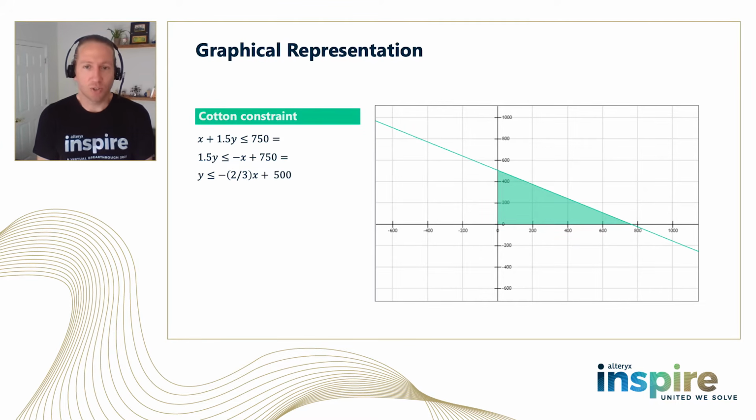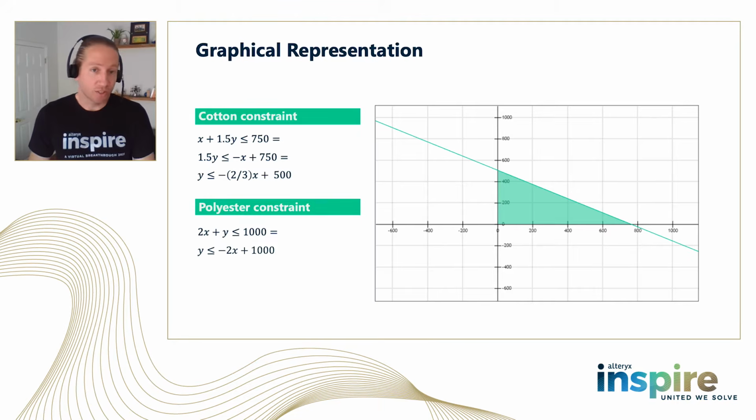But the green triangle that you see on the right-hand side, the top right quadrant, that's what we can produce of jackets and pants given our cotton constraint. So given the 750 square feet we have of cotton, we know that we can produce any combination of x and y, pants and jackets, that fit in that green triangle.